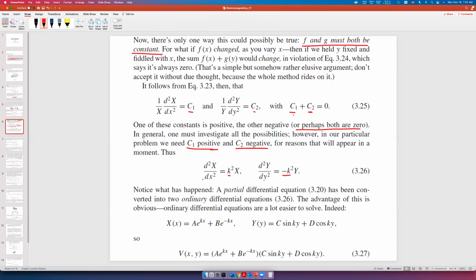Then the solution for this function is X equals A e to the kx plus B e to the power negative kx, and Y equals C sine ky plus D cosine ky. Remember that V is the product of X times Y, so V equals this term.